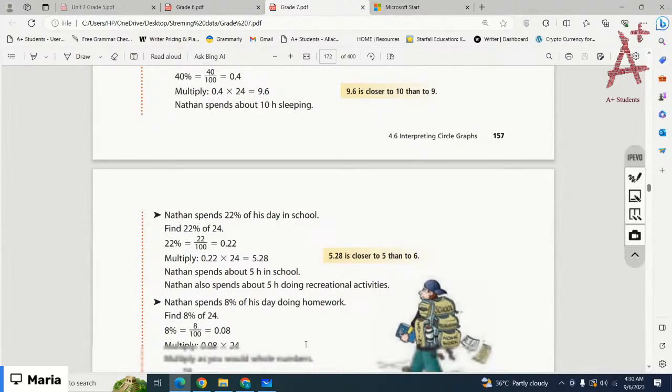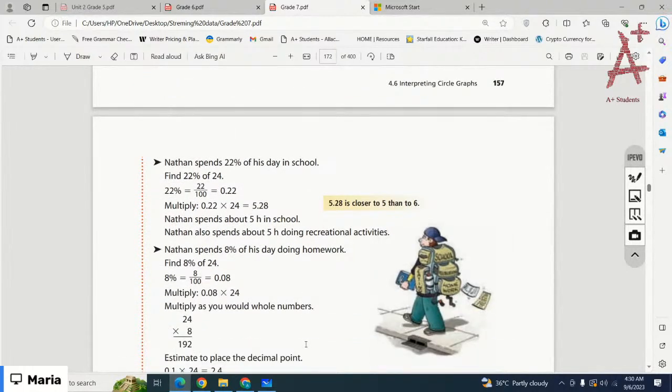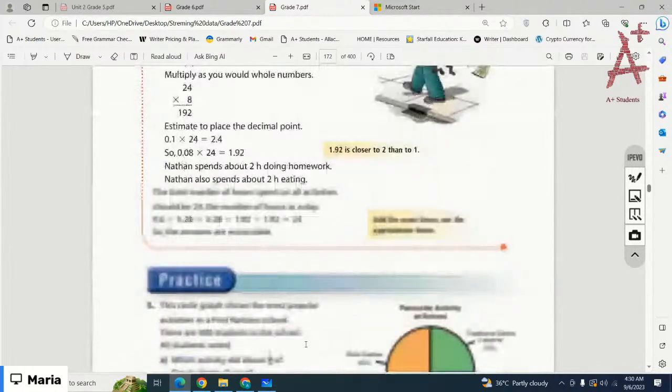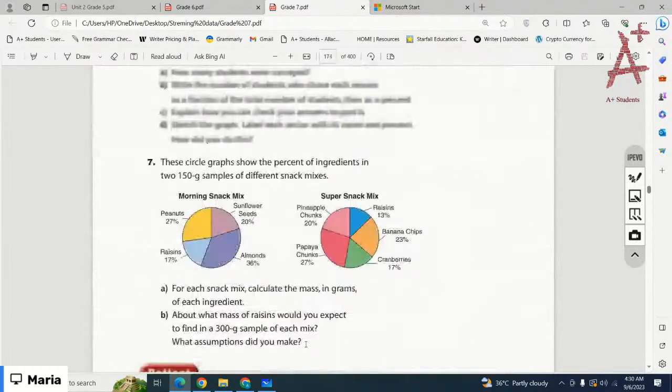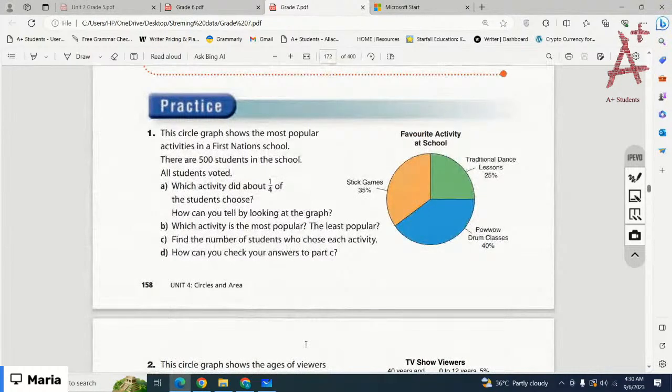Let's just start with the practice questions. Question 1. The circle graph shows the most popular activities in a First Nation school.